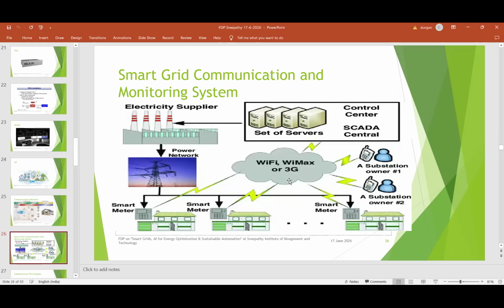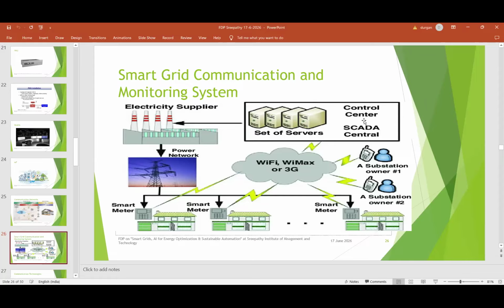This is the complete setup which shows the smart grid communication and monitoring systems. You see from the supplier, there is the windmill or solar or anything, and in the control unit we have a SCADA system, which continuously monitors and manages the power systems.